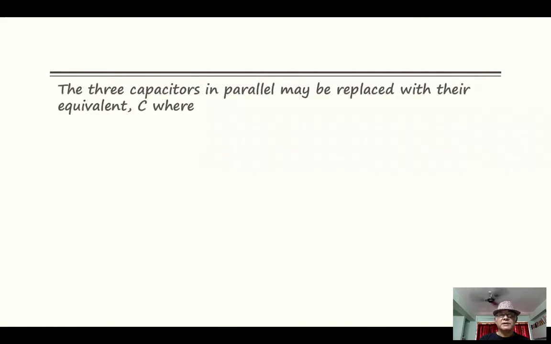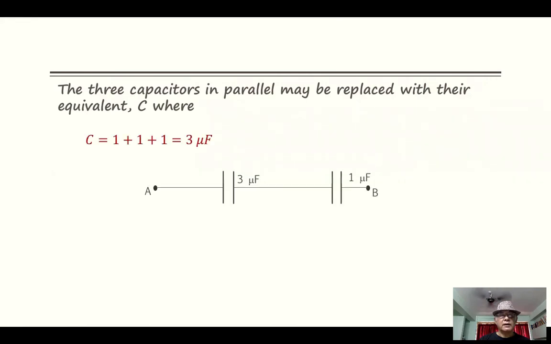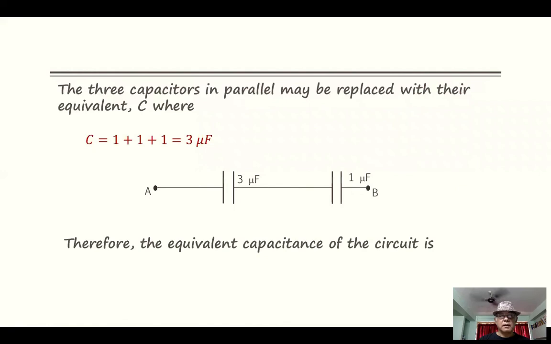The 3 capacitors in parallel may be replaced with their equivalent C, where C equal to 3 microfarad. Therefore, the equivalent capacitance of the circuit is C subscript EQ equal to 3 by 4 microfarad. Subscript EQ means equivalent.